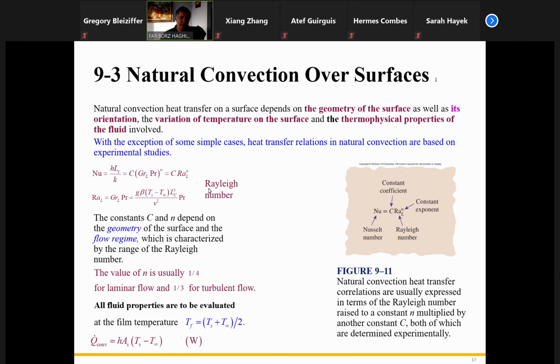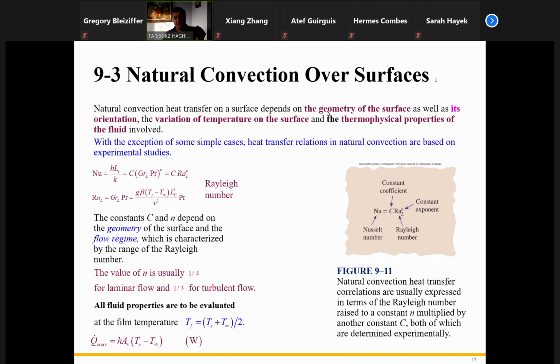Therefore, when you hear Grashof number and Rayleigh number, they are almost the same for a given gas because the Prandtl number is only a physical property of the material. Therefore, let's look at here. Now, natural convection heat transfer on the surface depends on the geometry.